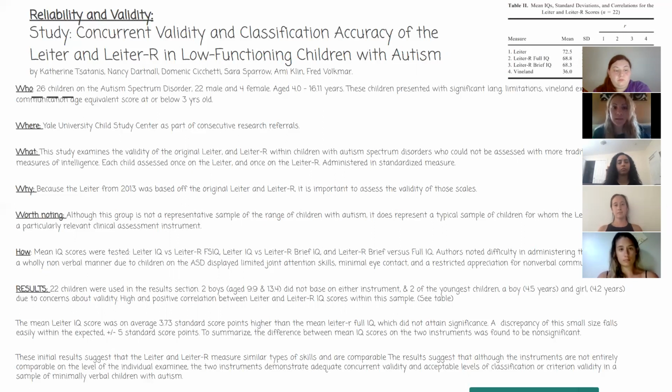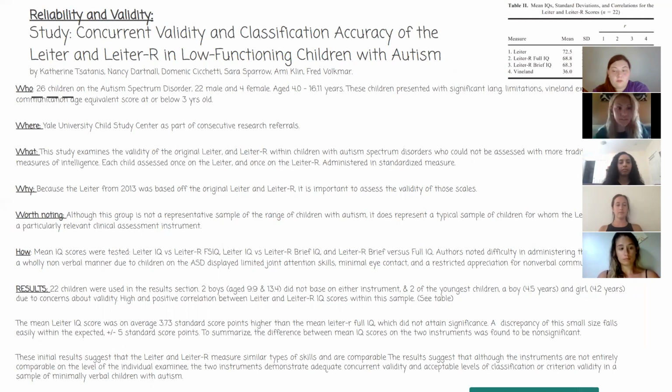It's because the original Leiter and the Leiter-R are the two foundations for the Leiter-3. There's also very limited study and research on the Leiter-3, so we are using the original and the revised one because that's what it was based on. And if these aren't reliable in themselves, then in turn the Leiter-3 would not be reliable.